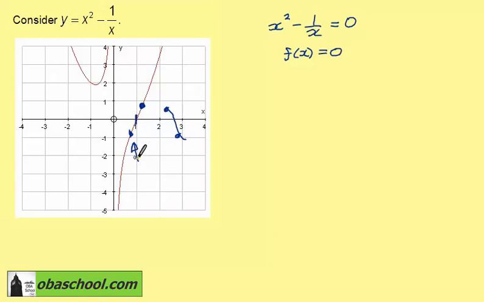In this situation, let's suppose this value is a, we would have f of a is negative, and here, let's suppose this value is b, we have f of b is positive.